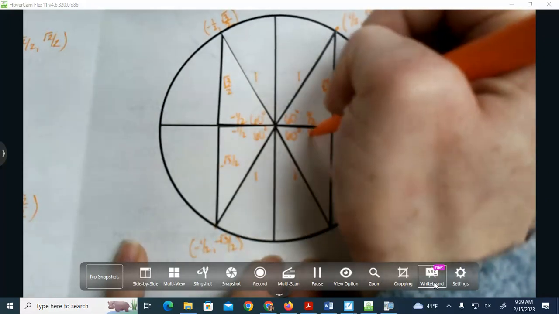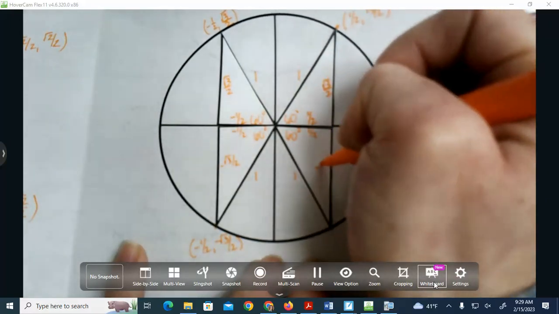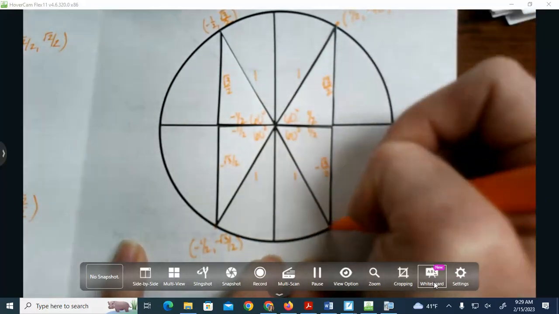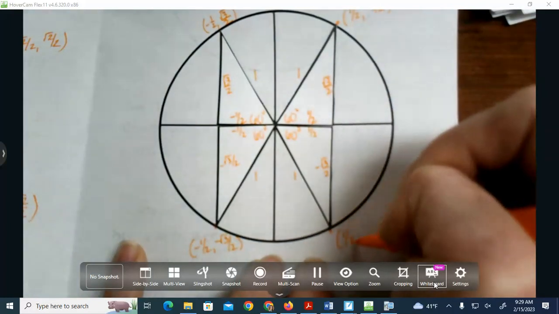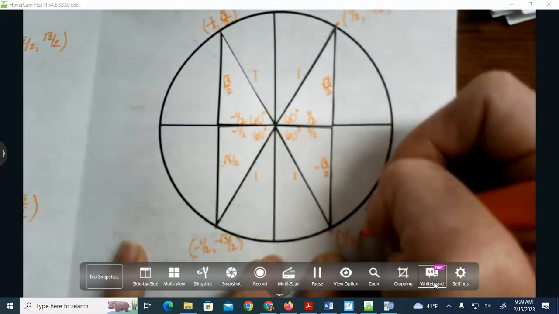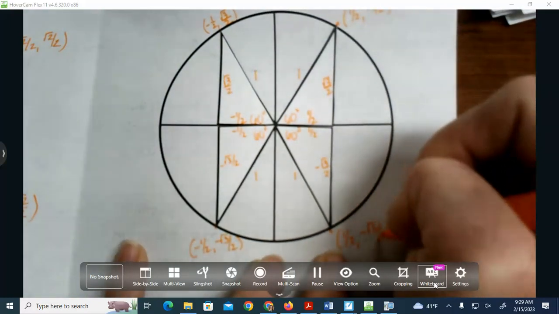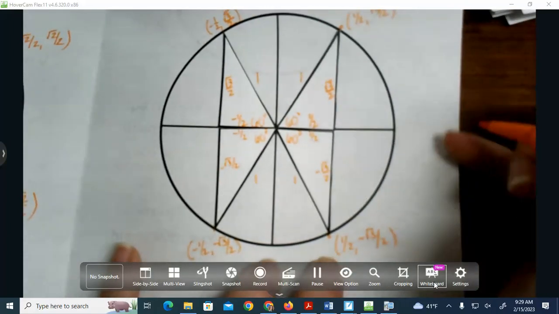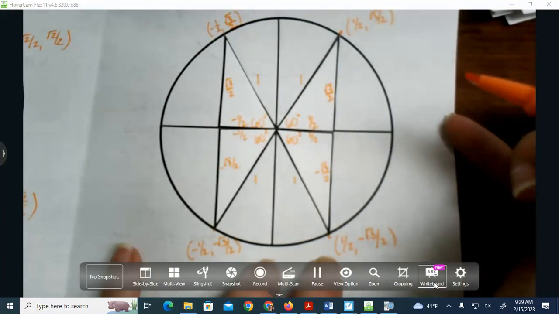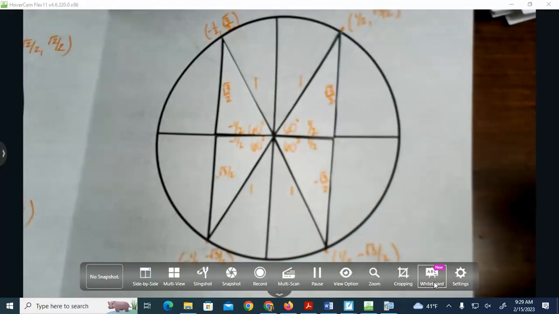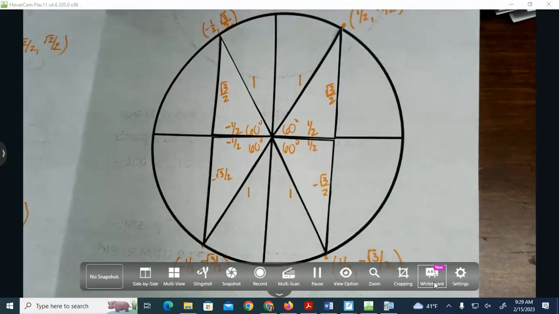And in the fourth, we go over, so that's positive, but then down is negative. So we get 1/2, negative radical 3 over 2. So all of these ordered pairs are related to our special right triangles.